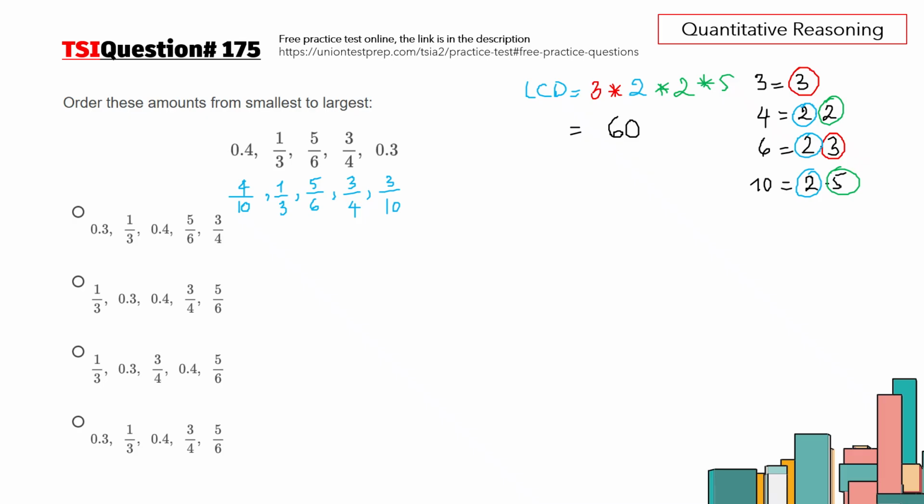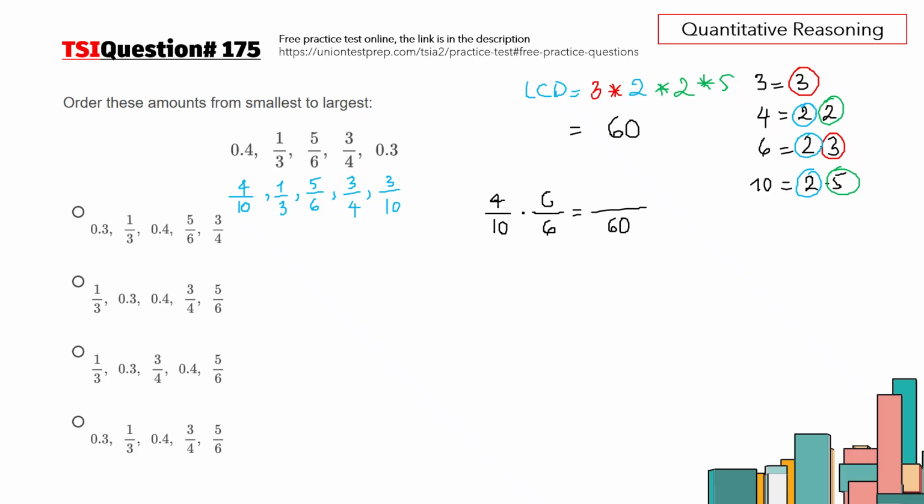Now I have to convert everything into the denominator of 60. So I have my 4 over 10, and I want to convert it into a fraction with the denominator 60. My denominator right now is 10, so I want to multiply by 6 to make it 60. But if I do that, I will change the original fraction.